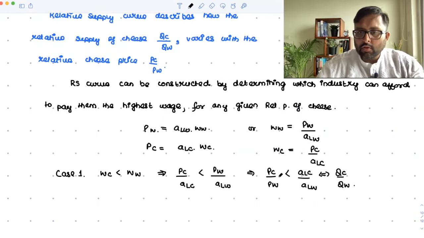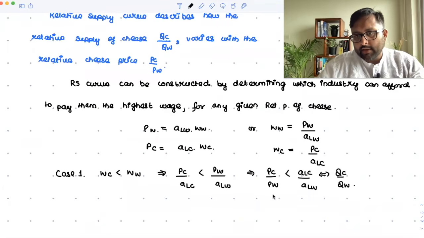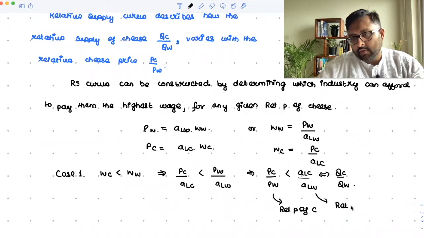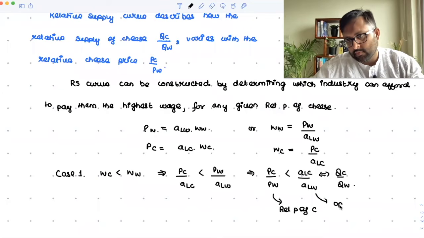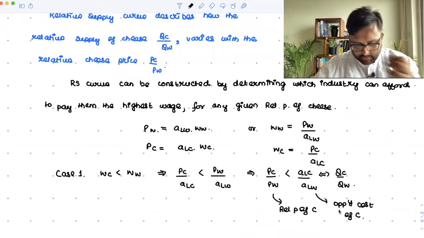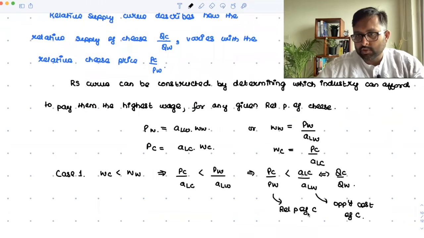So this is nothing but the relative price of cheese, and this is the relative supply of cheese, or you can say the opportunity cost of cheese.